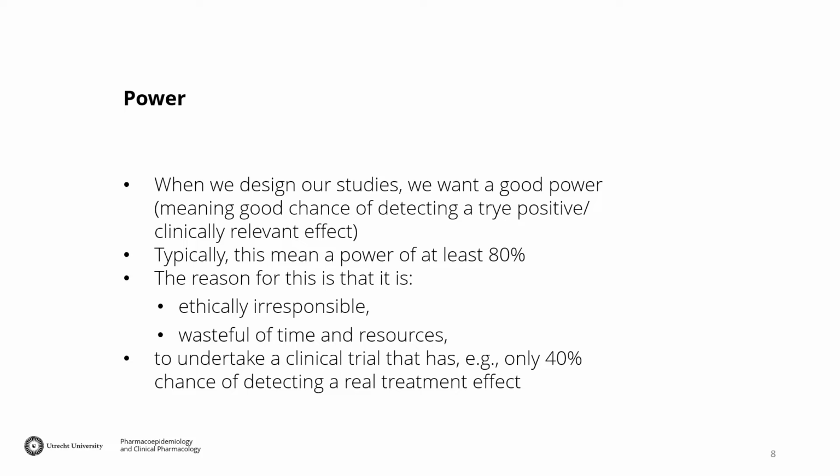For example, if you undertake a clinical trial with only a 40% chance of detecting a real treatment effect, then maybe the patients would have been able to get another treatment which was actually working, which would then be ethically irresponsible. Because then you actually wouldn't be able to see if there was any effect or not from the drug, maybe.